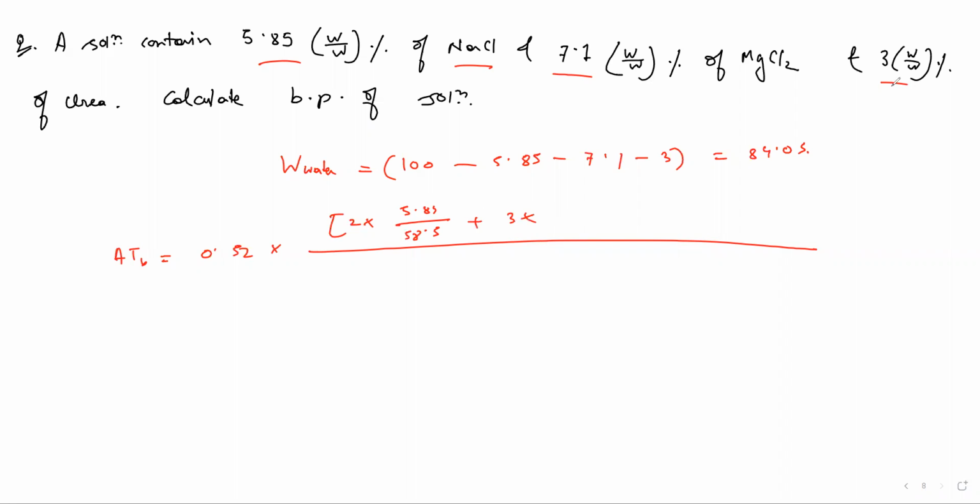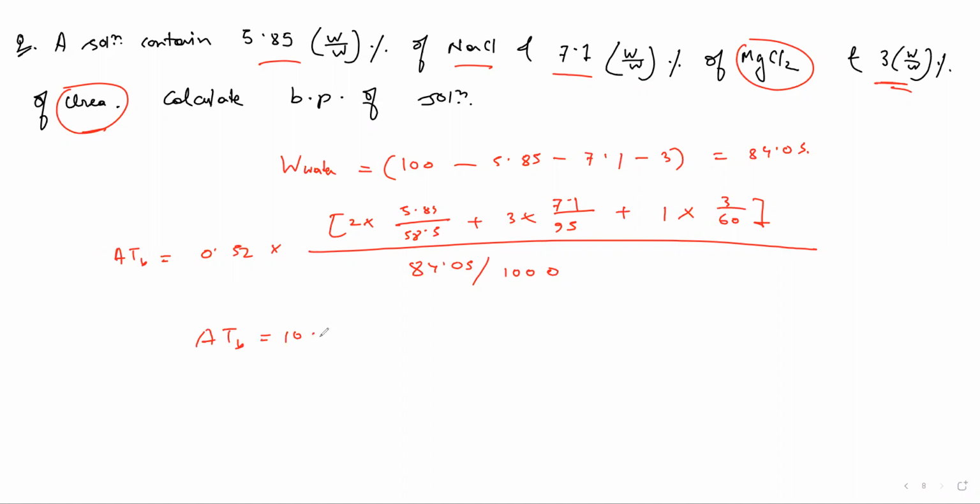Plus MgCl2, number of ions 3, given mass by molar mass, which is 95. For urea, no dissociation, no association takes place, that's why 1 into 3 by 60. Divided by 84.05 thousand. So TB value is 100 plus del TB. In this case, you can find del TB value easily. Just put the value, you can find TB.